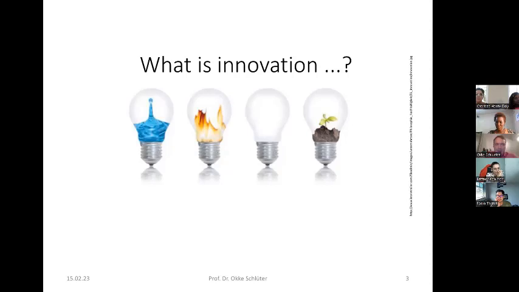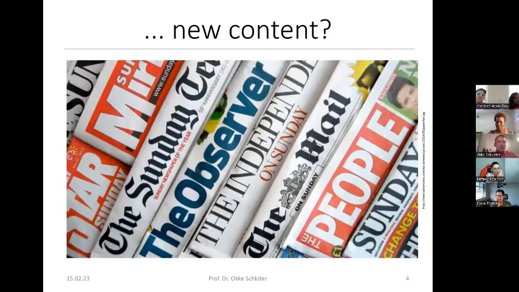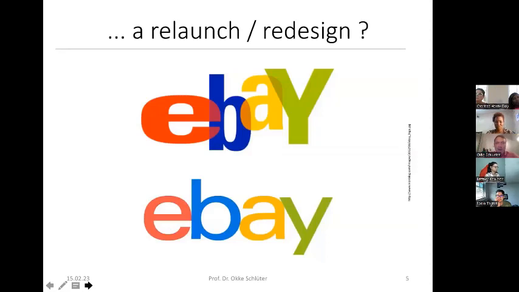So let's talk about innovation, and please consider what is your point where you would like to be innovative. Newspapers are published every day with new content every day. This is one very slight form of innovation. Brands or companies are being relaunched, products are being relaunched, a form of innovation.